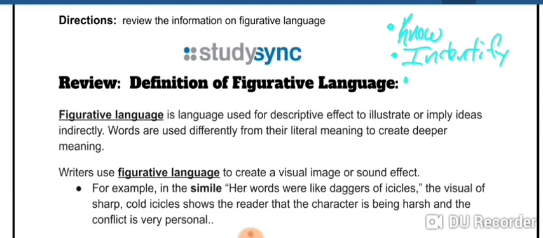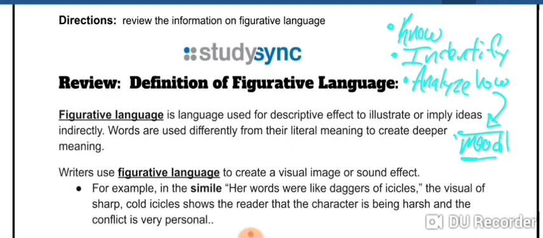And then you've got to be able to analyze how the author uses it to create mood. Okay, we're going to talk about mood a little bit later. For now, we're going to focus on the knowing and the identifying.